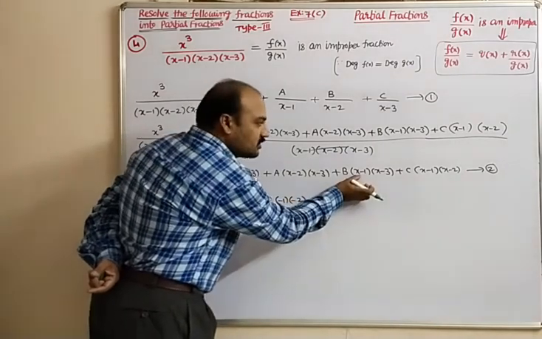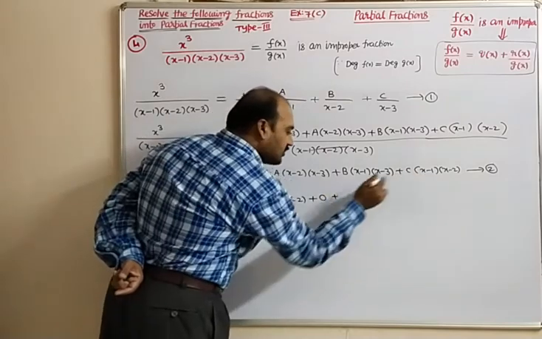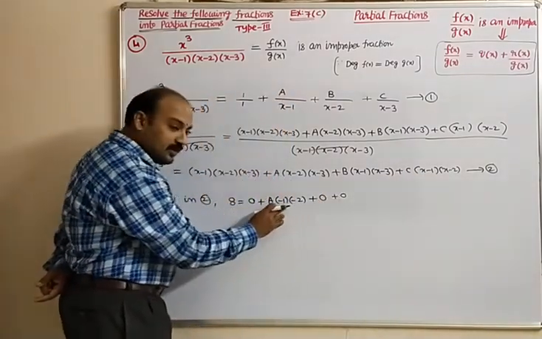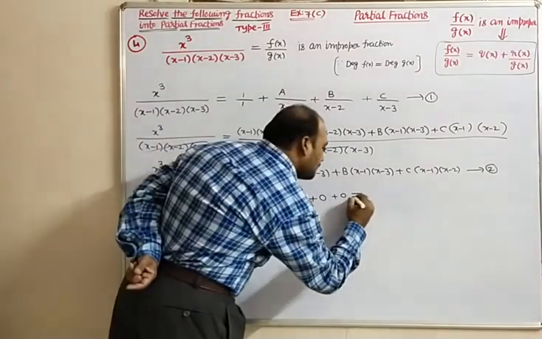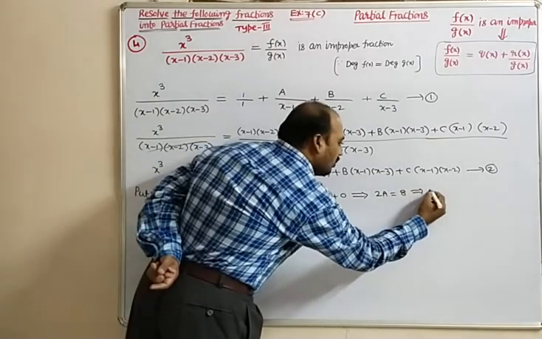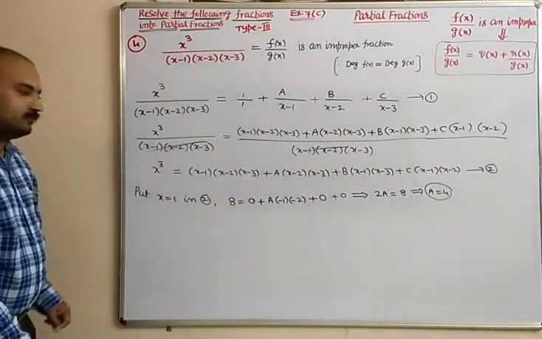Here x is equal to 1, substitute, this value goes to be 0. Plus x is equal to 1, if you substitute, this value goes to be 0. So 1 equals minus into minus, plus 2A. That implies 2A equal to 1, A is equal to 1 by 2. We got the value of A.